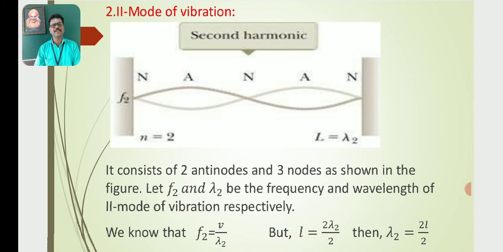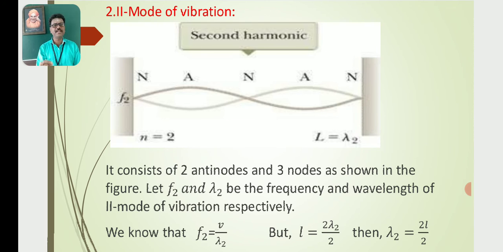We know that the length of each loop or segment is equal to half of the wavelength, and the length of two segments or loops must be equal to the wavelength of the wave.